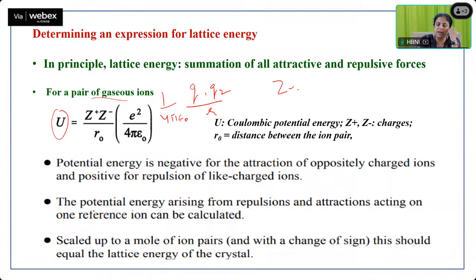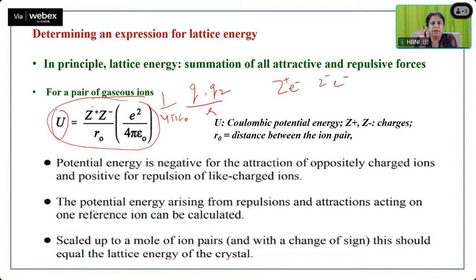And my charges here are Z plus e minus and Z minus e minus. These are the charges on the ions, and e is, of course, the electronic charge. So this is your potential energy for any pair of ions. This will be negative if I'm talking of attraction, and positive if I'm talking of repulsion.